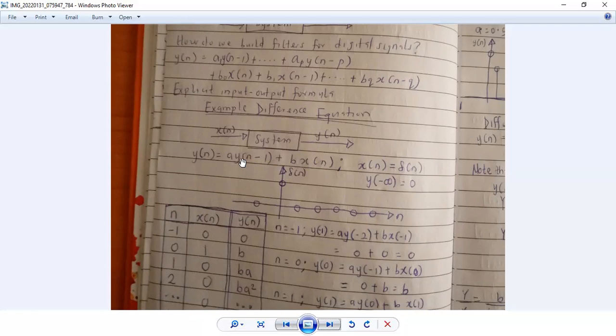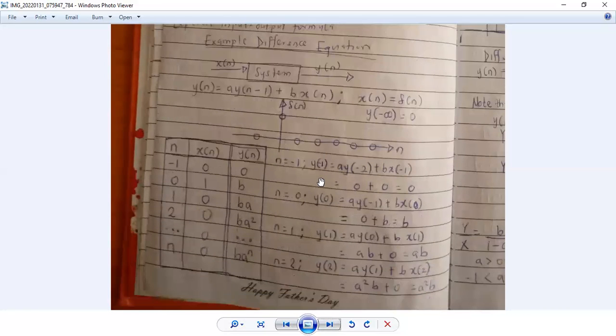So why is it called IIR? It's because the output depends on past values of the output. So that's why it's called an IIR filter, an infinite duration impulse response filter.